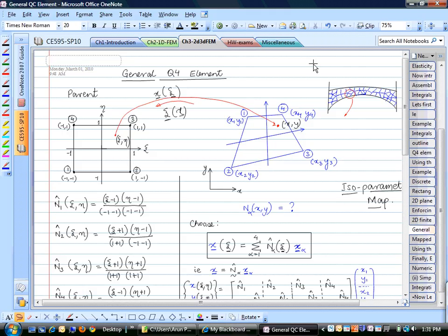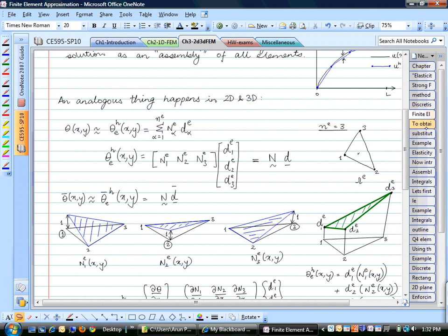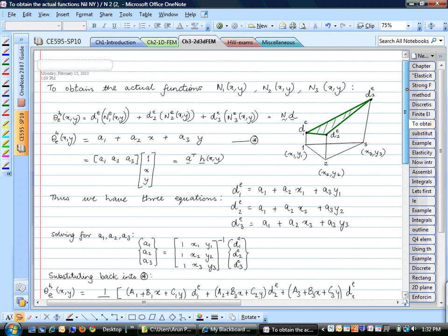So one thing I should mention here is that in your element routine, in all our formulation, we assumed that the nodes have to be numbered counterclockwise, right? X1, X2, X3. So if you don't number them counterclockwise, then the area that you compute using the determinant will be affected.